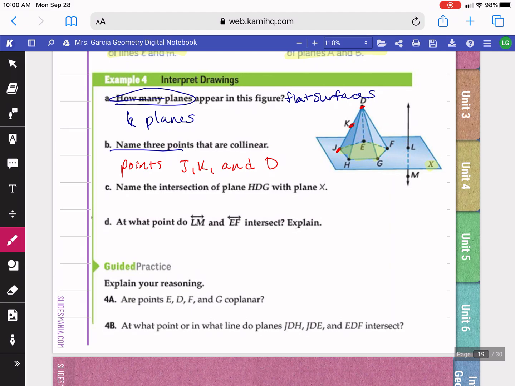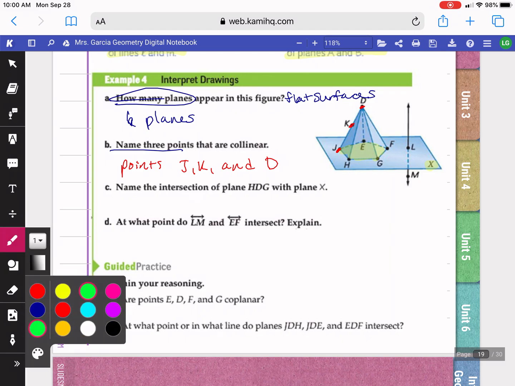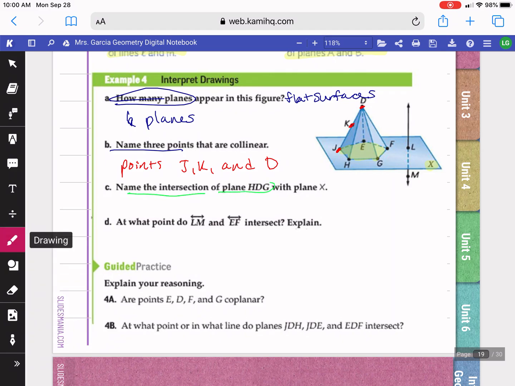C wants us to name the intersection of plane HDG with plane X. So plane HDG would be this one right here. So this flat surface that's in the front. And it wants to know where that intersects with plane X, which is the flat surface that's on the bottom. So that would be what they have in common, or the line where they intersect. So I'm going to look for a common line there.